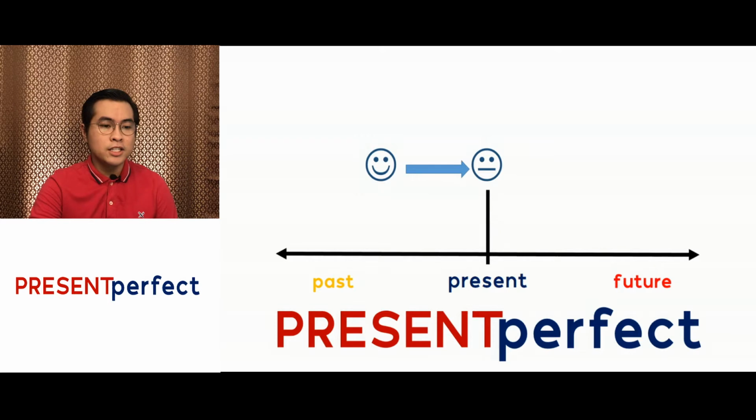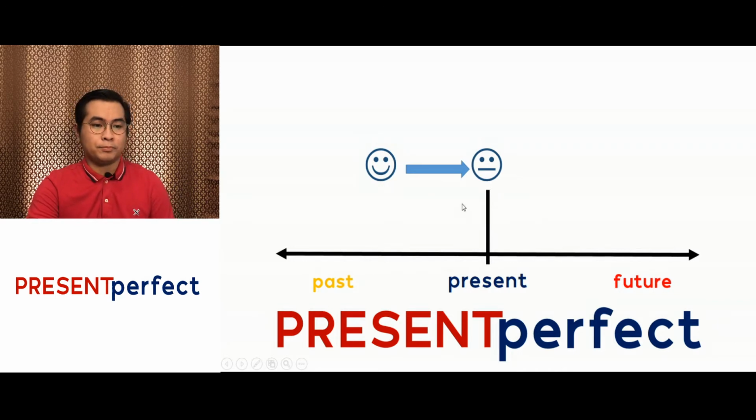As you can notice here, this smiley, and then there's an arrow leading to the now or to the present. Now, where is the present perfect? The present perfect can actually be seen here. It's not directly in the past, it's not also directly in the now or the present, but it's actually somewhere here in between your past and present. So it actually has an action that leads to a situation in the now.